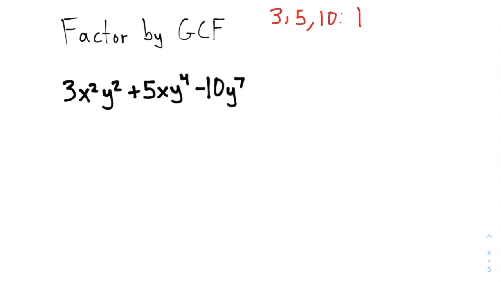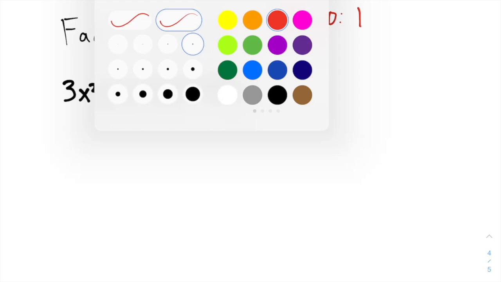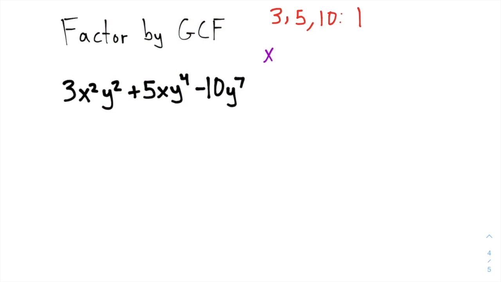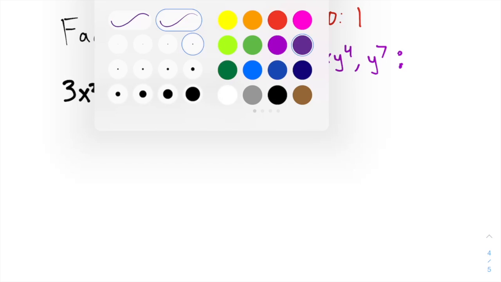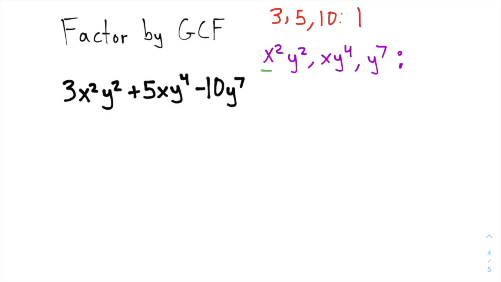Now we're going to look at the variable parts. We have an x squared y squared, an xy to the 4th, and a y to the 7th. Okay. The greatest common factor is not going to have an x in it because only the first and second terms have an x. The third one doesn't have any x, so we can't have an x in our greatest common factor.